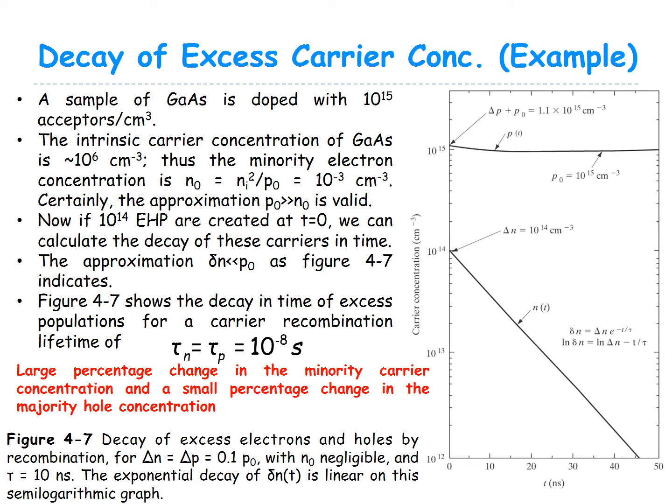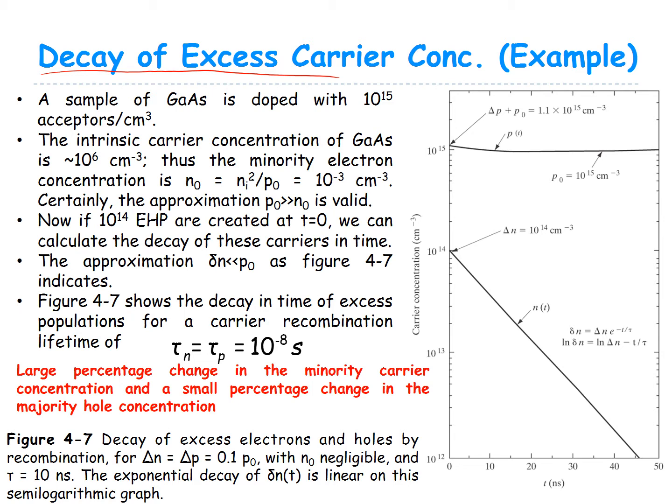Okay, now this example clearly shows what we are talking about when we say excess carrier lifetime, because it shows the decay of excess carriers in a semiconductor with time.